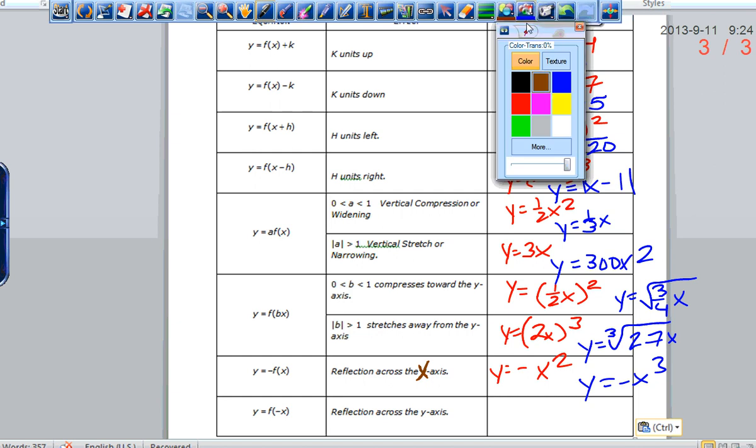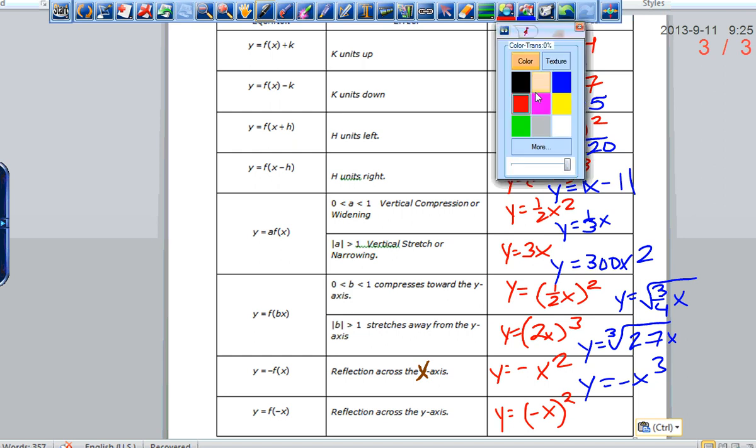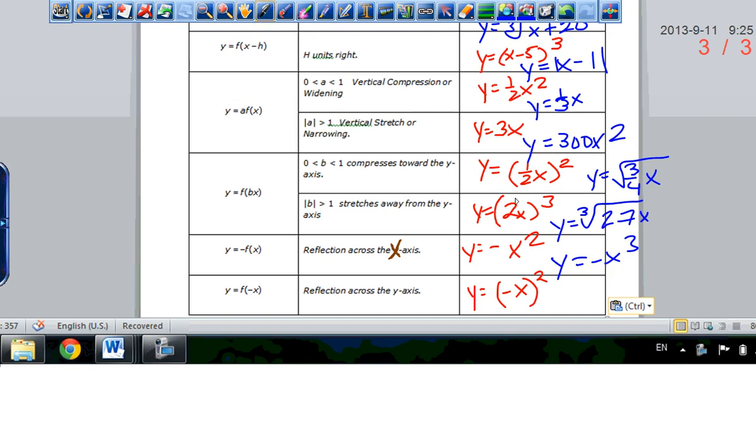Okay, what else we got? Something across the y-axis. So now we're doing it on the inside of the parentheses. So I'm going to use the same one, except this time I'm going negative x on the inside and then squaring. Same thing. Y equals negative x.